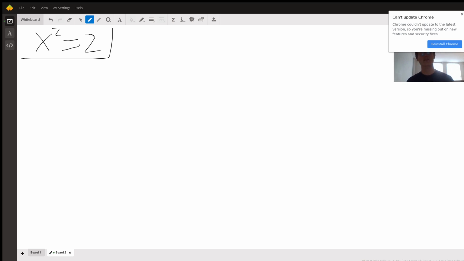But there is a notation that lets us express the answer to this. Nevertheless, it's something you probably won't prove until a real analysis course, that there is a square root of 2. But assuming that there is a square root of 2, the square root of 2 is, by definition, the solution to this. If we assume that there is some number whose square is 2, then we call that number the square root of 2, and the square root of 2 is a notation for the solution to that equation.